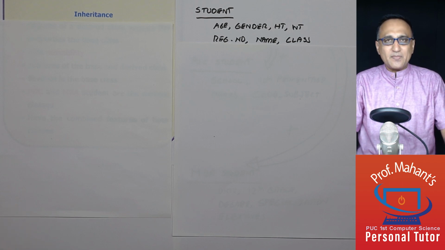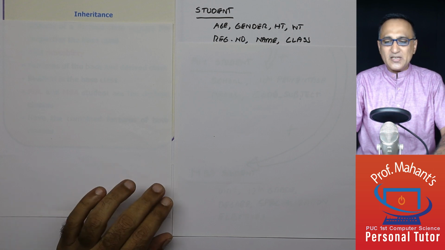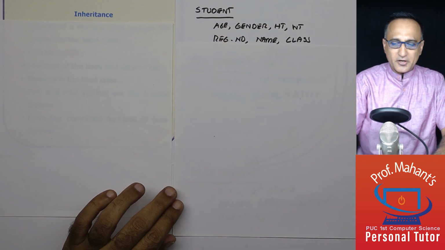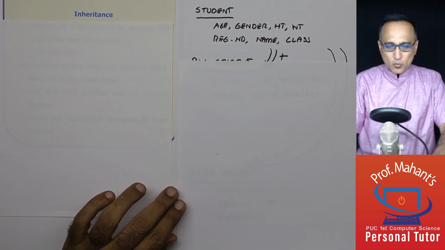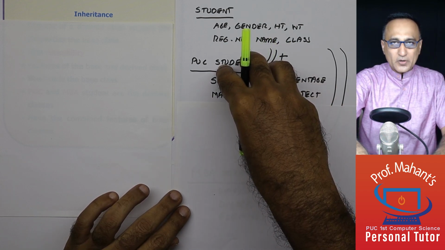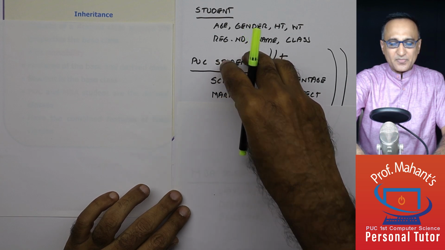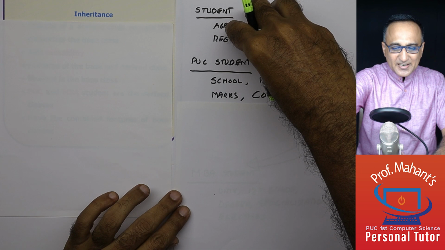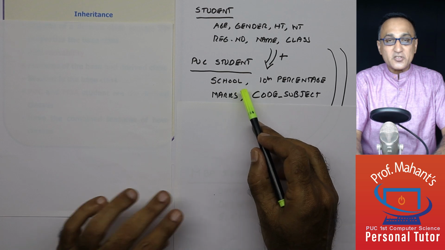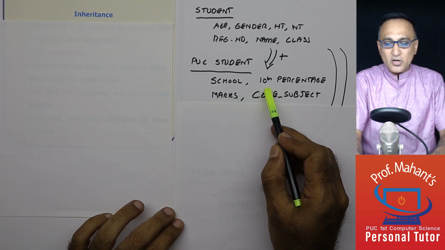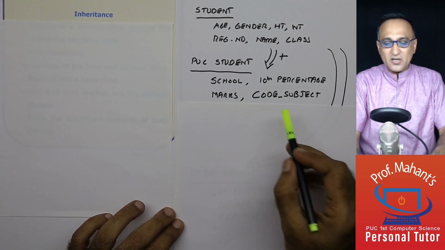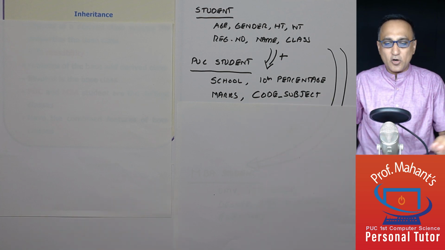Then I suddenly start doing well and I start a PUC class. There is a very good chance that students in my school are going to continue to that PUC class. So I develop another program, or you can say another application, which uses the basic data which I have already captured of a student and only adds the new data items, like which school he or she came from, assuming he came from a different school, what was his or her percentage in 10th, what are the marks in PUC of each subject, and whether he's an arts student, science student, or a commerce student.